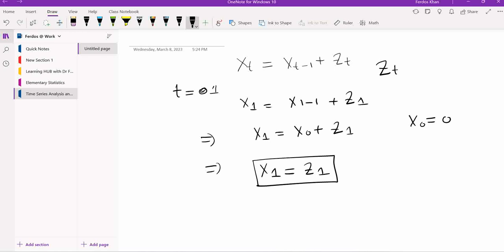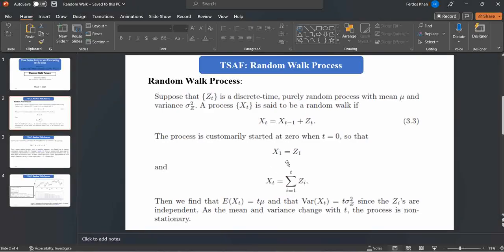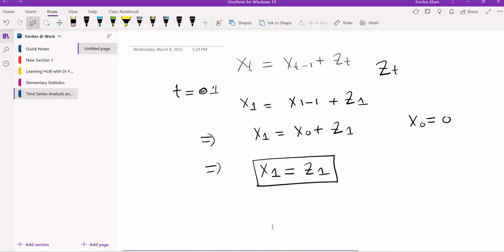This can be explained in this way: X1 equals Z1. And then it says that Xt equals the sum of Zi from i equals 1 to t. You can put the values of Xt minus 1 and then Xt minus 2 and so on, so you will get this expression. Let's see how we can do this.